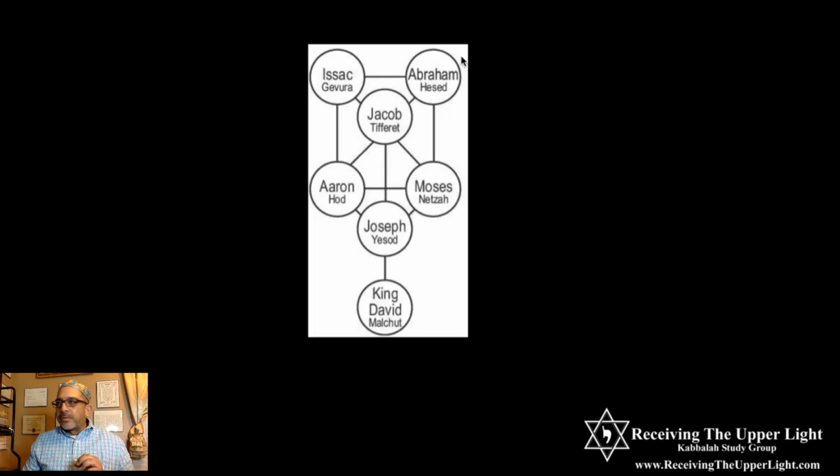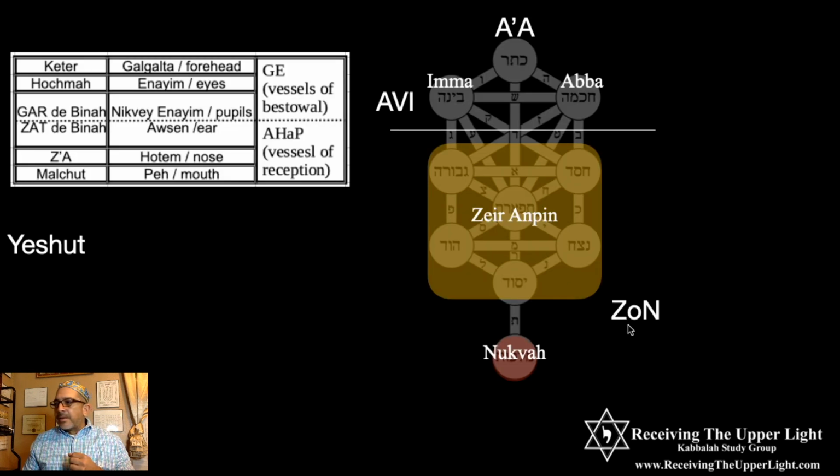We were talking about Zeir Anpin in the form of the 3 patriarchs and the 3 prophets. Now we're going to see how Malchut and Zeir Anpin are going to be interacting, and we're going to talk about that term zivug next time.